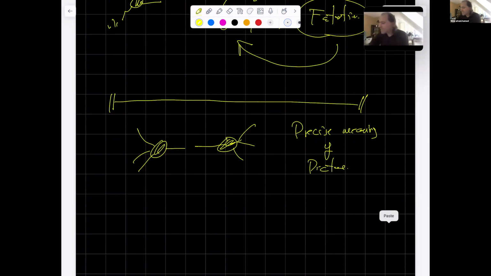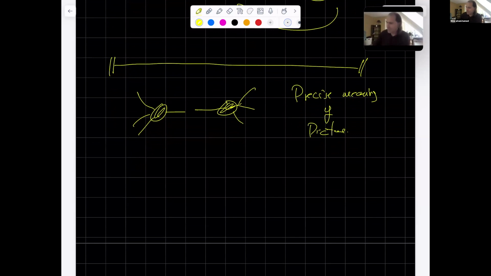But the precise meaning of these pictures is intimately related to precisely what the geometry is. And the geometries are, in the end, somewhat different from each other. And that difference is exactly reflecting the slightly different precise meanings we give to this picture.